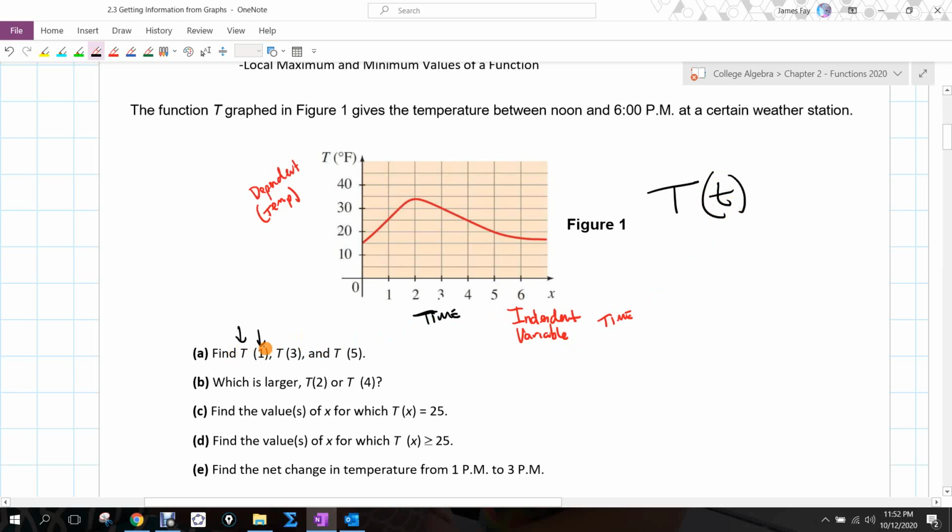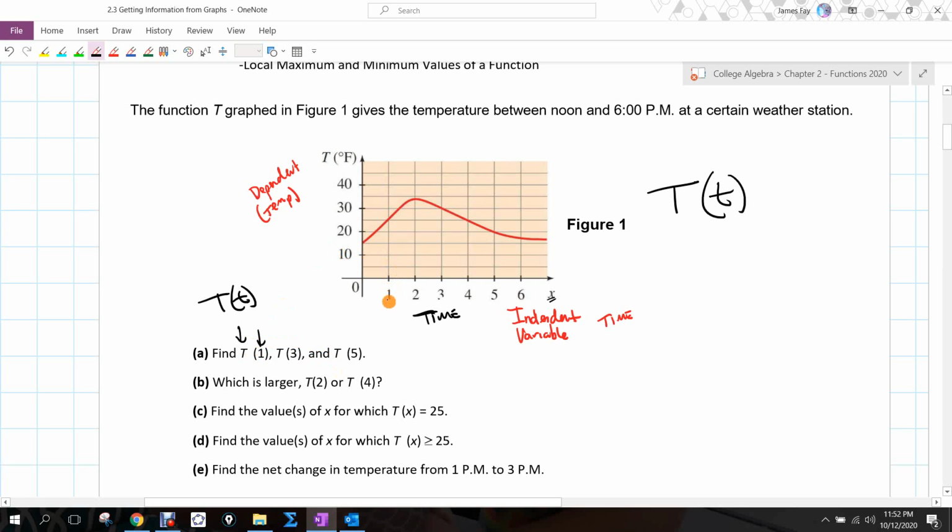That lowercase t is our time here. Or you can see the graph I'm using uses x as well, so you can think about it that way. But at time 1, what's the temperature?